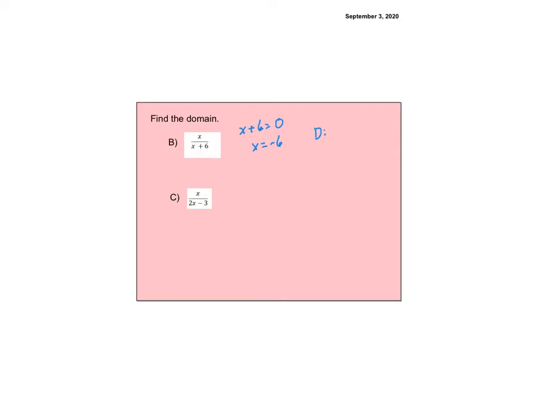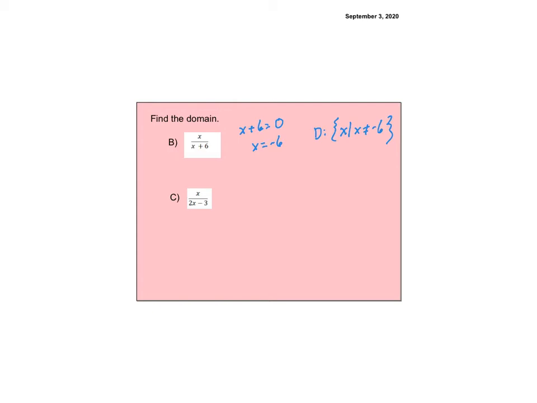So for domain, I do D for domain, and I just do a colon there, and then I do my 2 sets of squiggly brackets, and then I say x such that x cannot equal negative 6. So x can be anything, but it cannot be negative 6, because if you plug it into the denominator, you get negative 6 plus 6 is 0. And then you'd have negative 6 divided by 0, and we cannot do that. You cannot divide by 0.